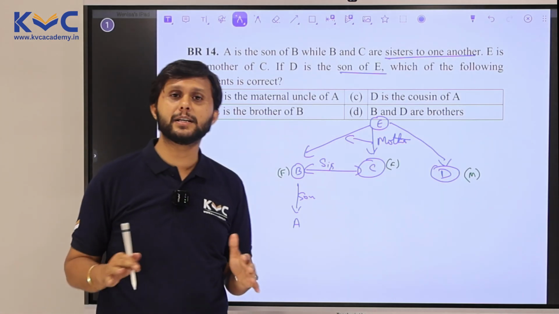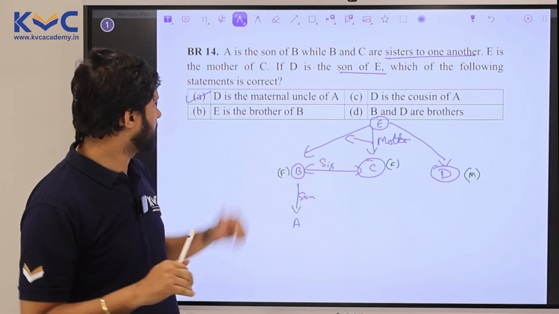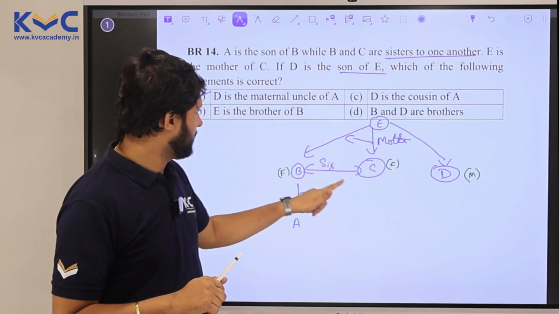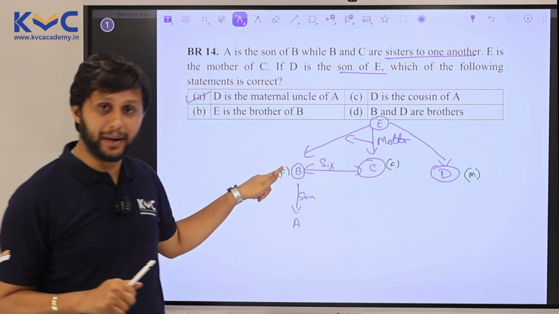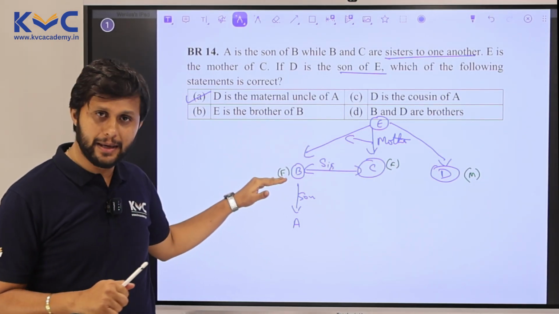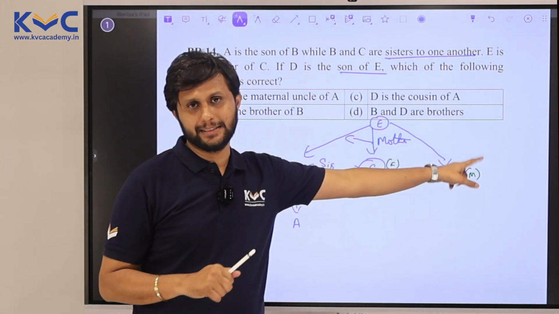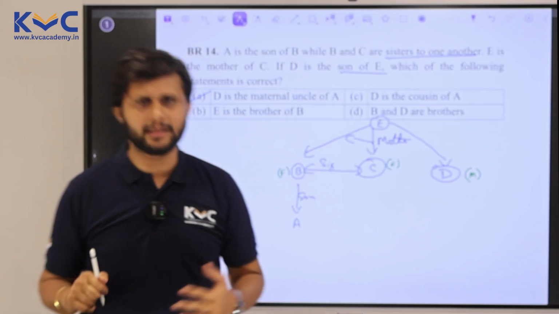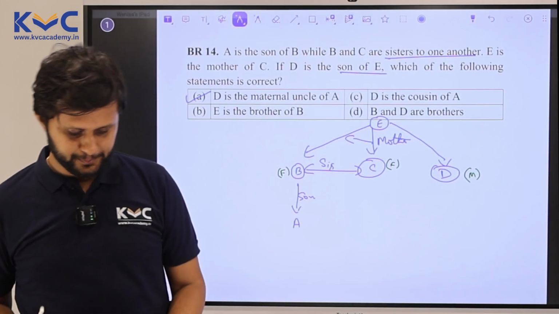When we talk about same generation, we are talking about brothers and cousins. Not possible. D and B are brothers. They are in the same level. It's a possibility. But then we have female over here, we have male over here. That's why the gender also becomes very, very important. We already have an answer. Option A is the right answer.